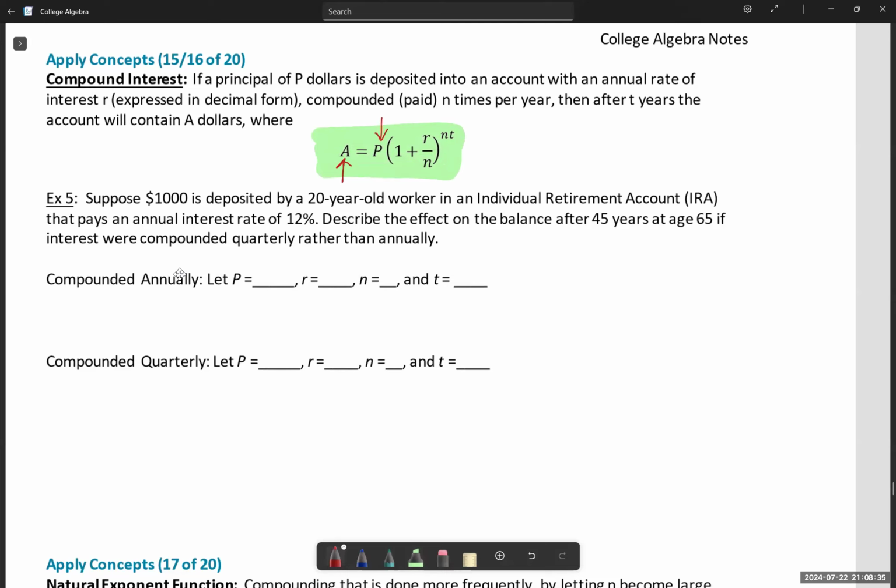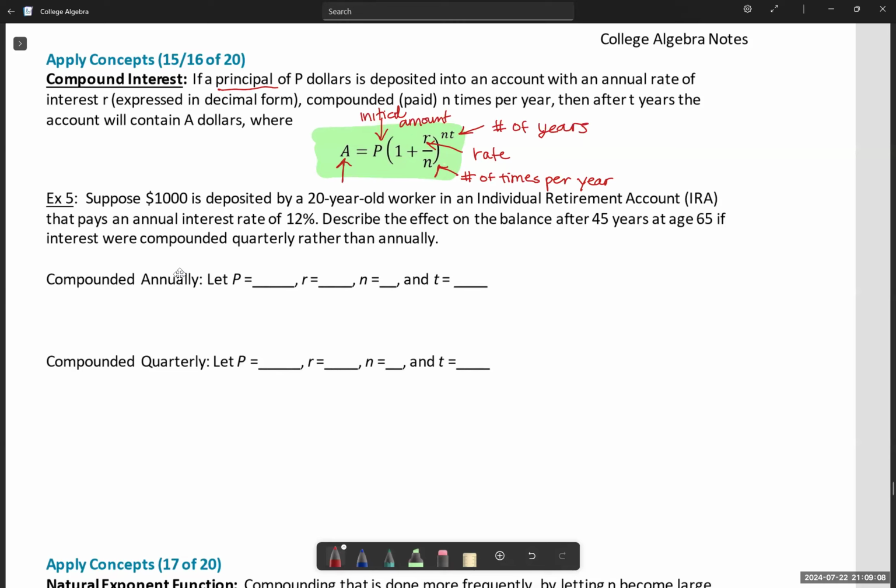So principal is the initial amount that you started with. R is the rate. N is the number of times per year that we are compounding it, which means that we're applying the interest. And T is the number of years.